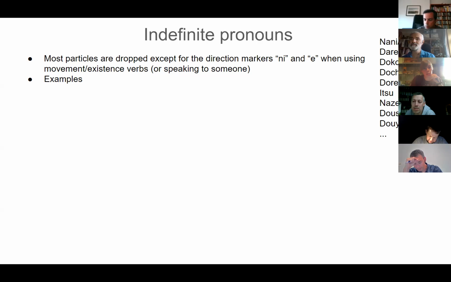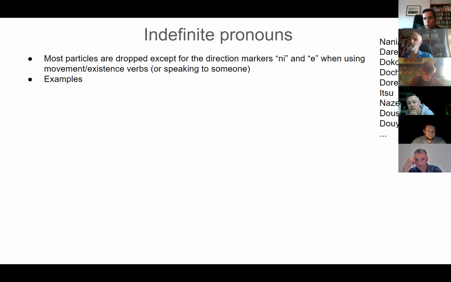Dare demo, dare ni demo. So this would be dare ni mo. Dare ni mo. Yeah. Then you make ni mo, and then we need hanashimasen. Yeah, exactly this. Perfect. Dare ni mo.